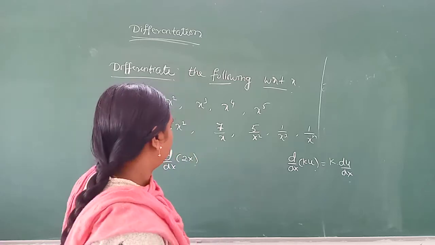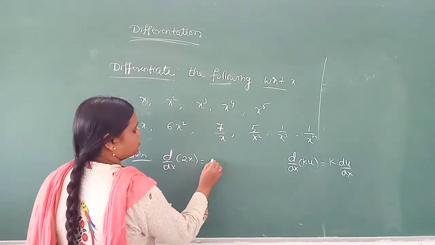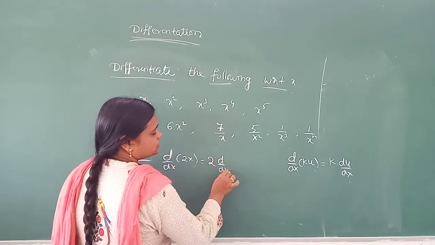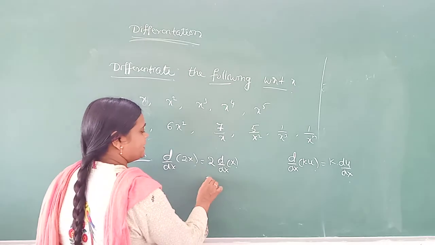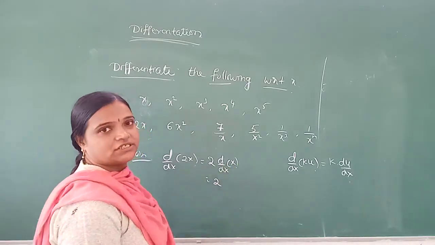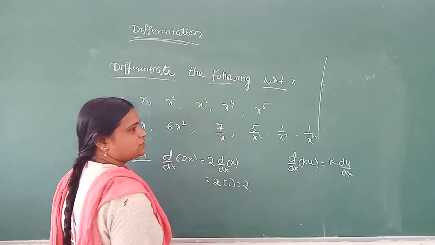See, k is the constant 2. Therefore, we write it outside and do the differentiation of the variable. Variable is x, and just now we calculated differentiation of x, which is 1. We get 2 into 1 is 2.